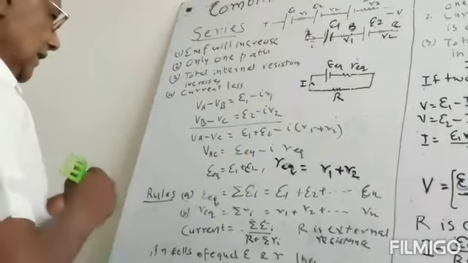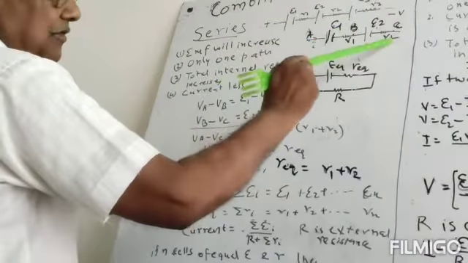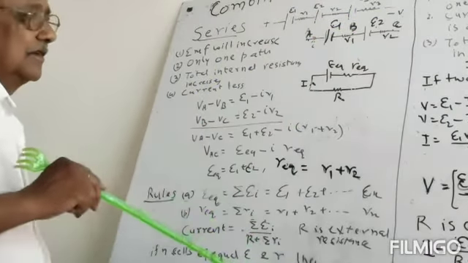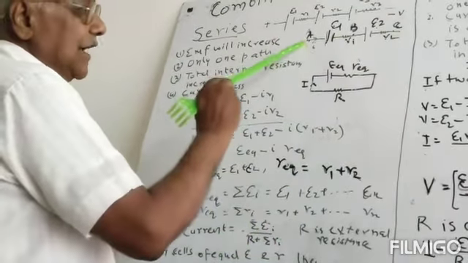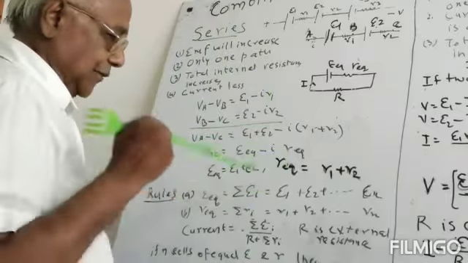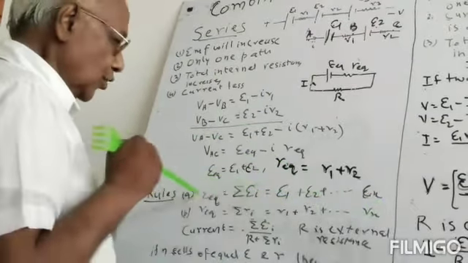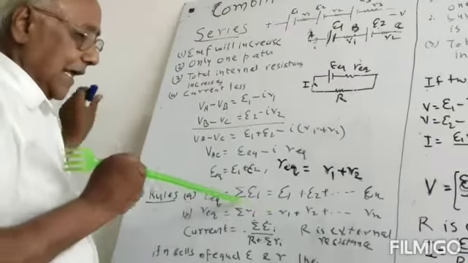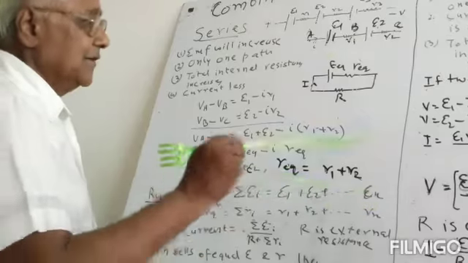Here we are considering only two cells. If we have n cells, then E equivalent will be equal to E1 plus E2 plus E3 up to En. So the total EMF will be equal to the algebraic sum of all the EMFs of the individual cells.